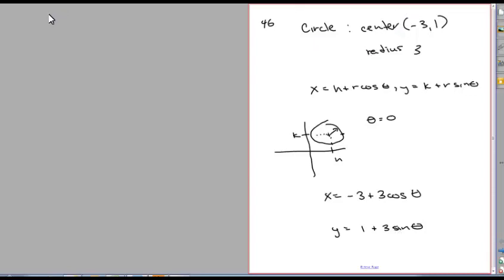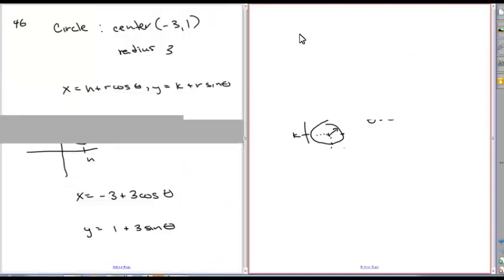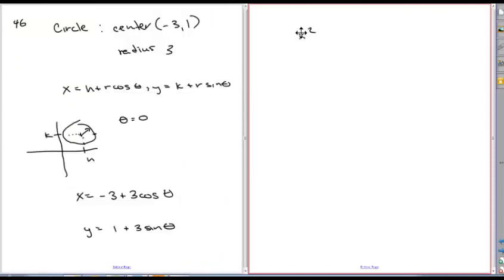If you were to write the xy coordinate form, and we'll find this out when we go back, it turns out it's going to be x plus 3 squared plus y minus 1 squared is equal to 9.